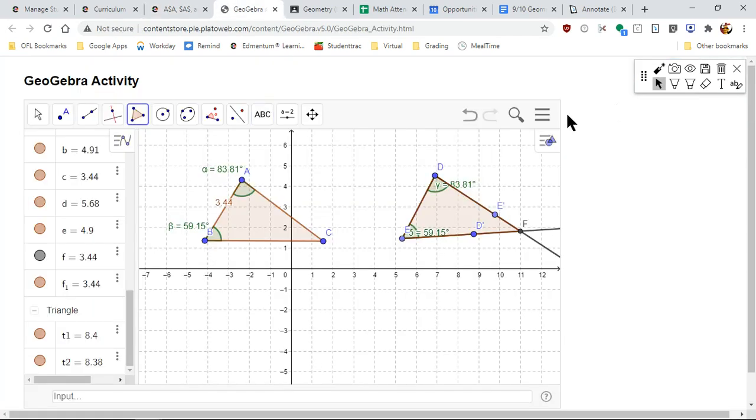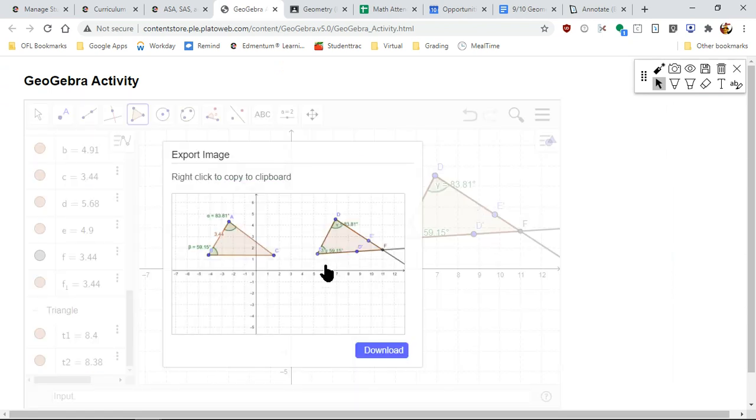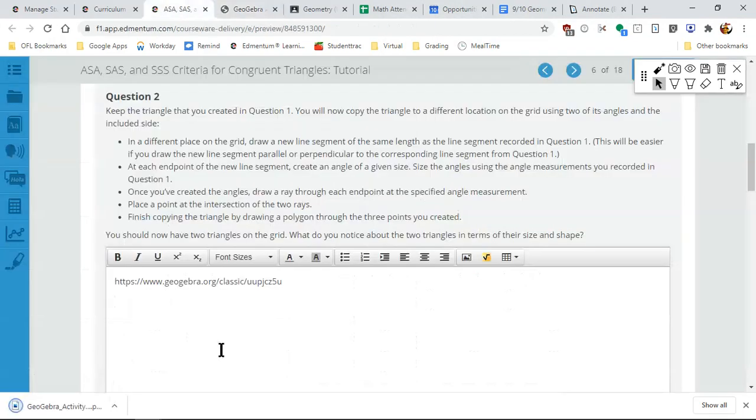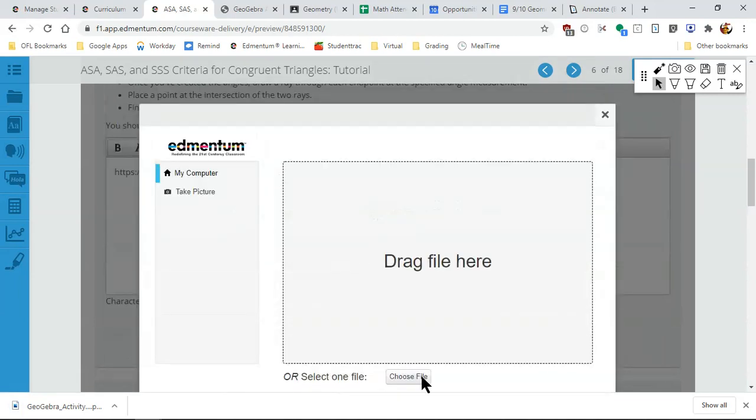As of right now, I haven't heard your teachers complaining too much, but if they do want an image, what you can do is click export image, download it, and save it wherever you have. I save mine to the download folder. Then go to insert image from computer.